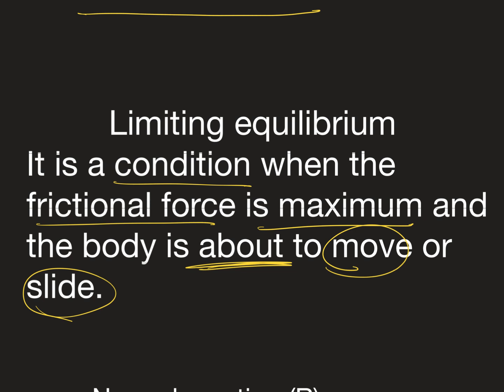But the frictional force cannot increase further after reaching a certain value. It has to reach a maximum value. All right? So that maximum value is a condition that we call limiting equilibrium, where the frictional force can no longer increase even if you increase the pulling force.